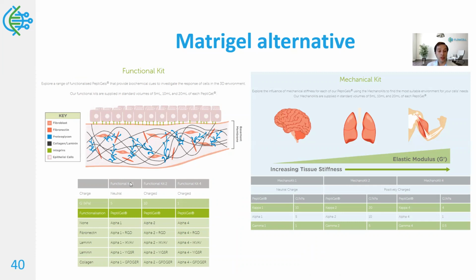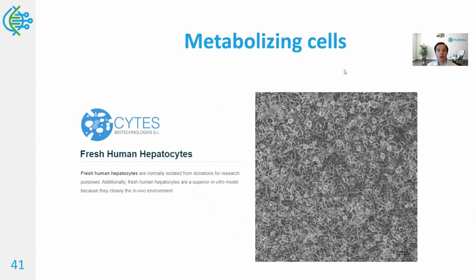They produce this extracellular matrix that can be fine-tuned, and kits include ability to not only change the composition of laminin versus collagen versus fibronectin, charged versus neutral, but also adjust the proper stiffness. For example, brain is a very soft tissue as opposed to cardiomyocytes, for example, another muscle group. So this is an alternative that we provide and can be utilized together with primary human hepatocytes that I mentioned.